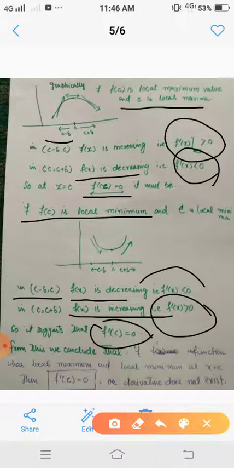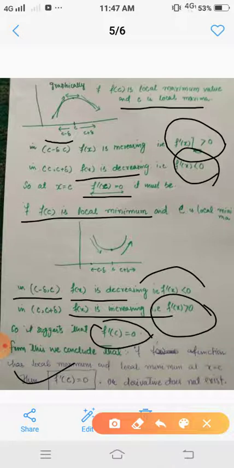From this we conclude that if C is a point of local minima or local maxima, that is at point C the local maximum or local minimum value of the function exists, then the derivative is 0 or the derivative does not exist.